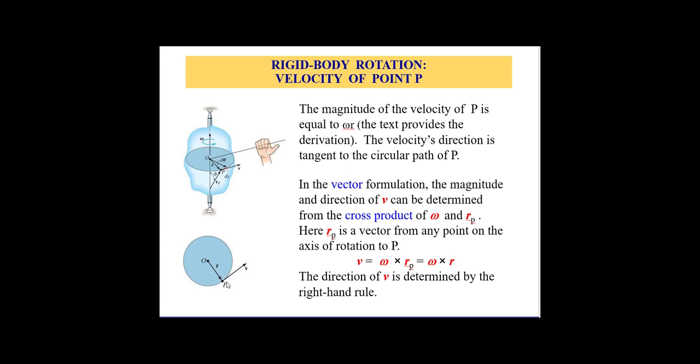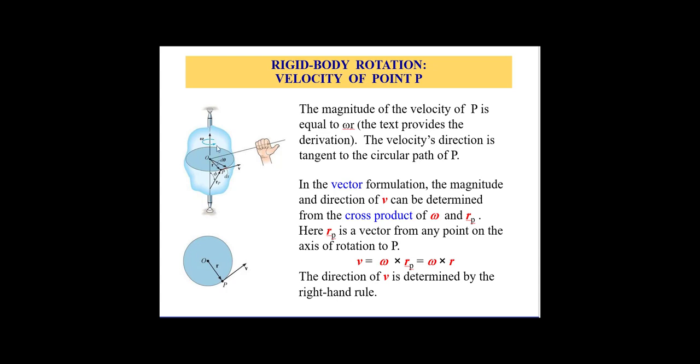Alright, in vector form and for general problems, it is a cross product, where the velocity can be computed by omega cross the position vector from this point to a point that is landing on the axis.